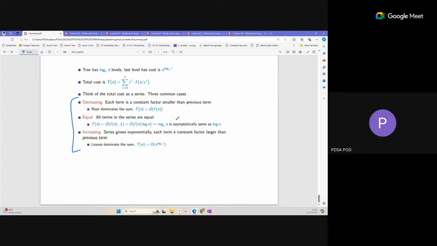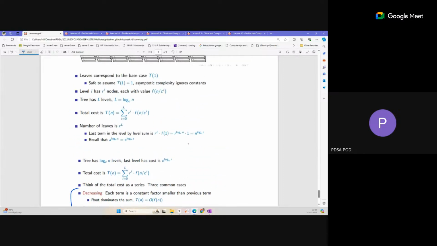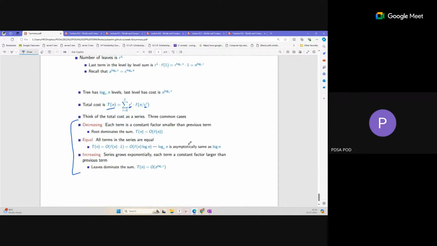And we are considering our recurrence relation like this. Okay, so Tn equals R times T of n by C plus Fn, where R is the number of calls and C is the value by which we are dividing the input. Okay, so in this way, if the value is equal, then you can directly write the complexity as Fn into log n.